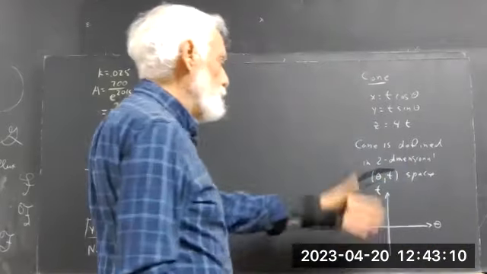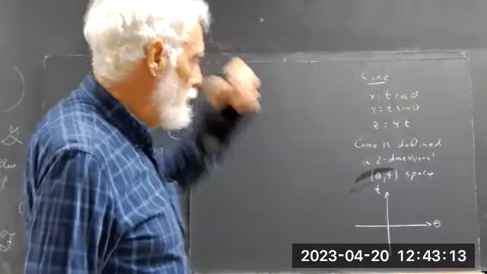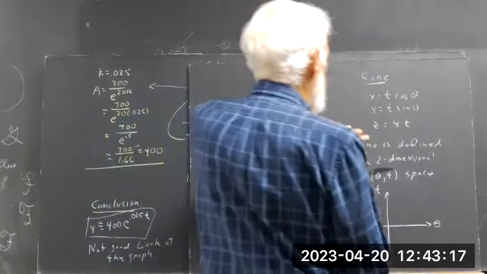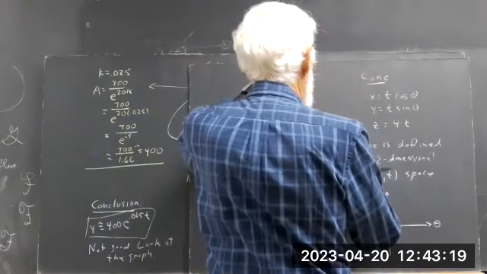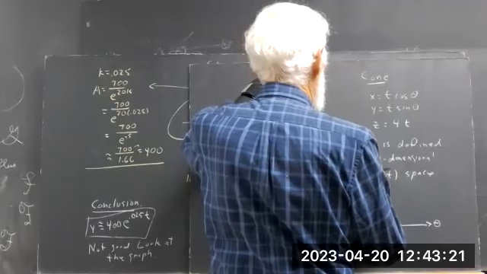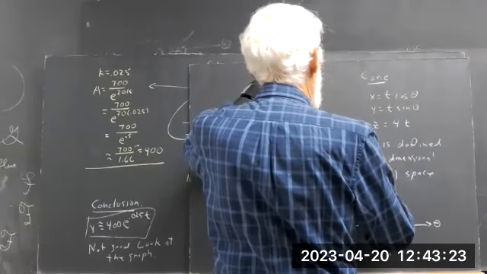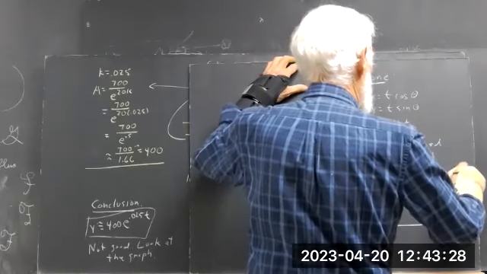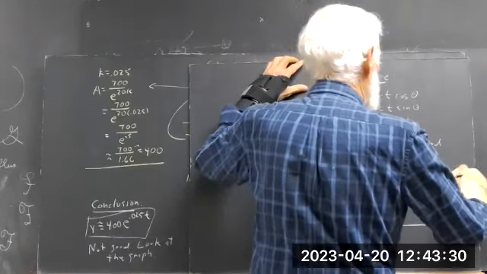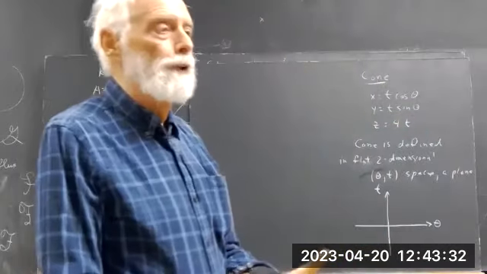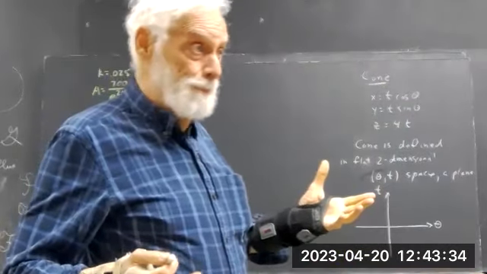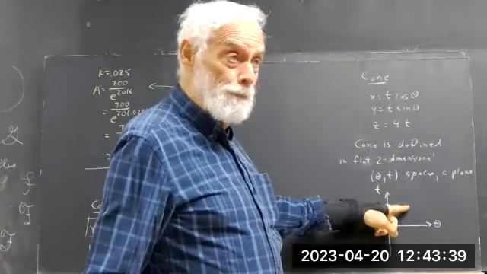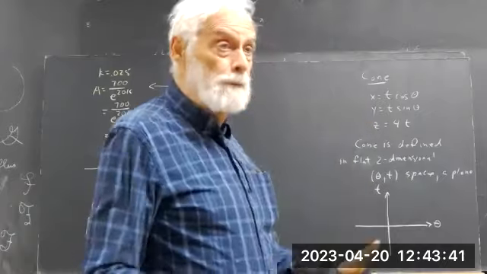It doesn't matter which coordinate is theta and which is t. This is a flat plane. The plane doesn't look anything like the cone, but for every point here, there's a point X, Y, Z on that cone.